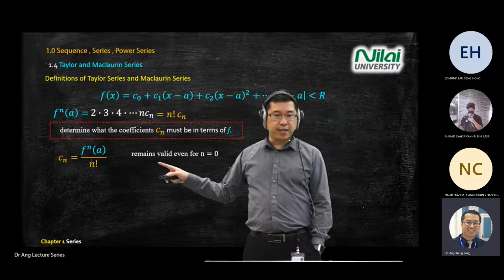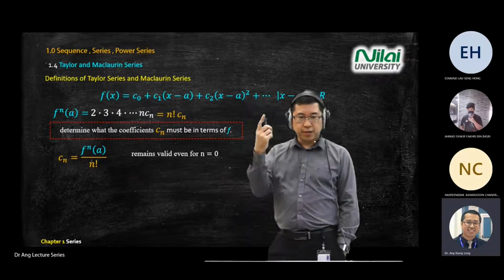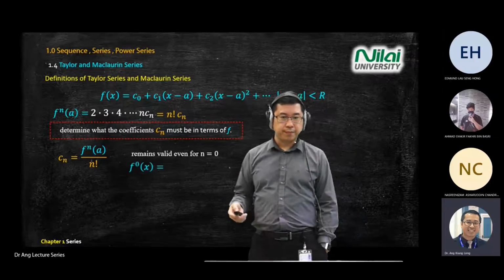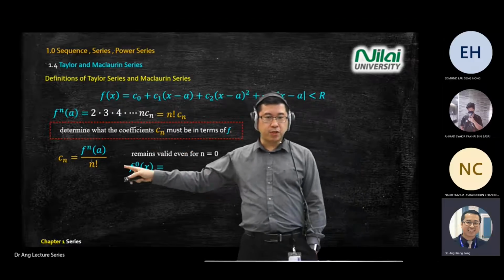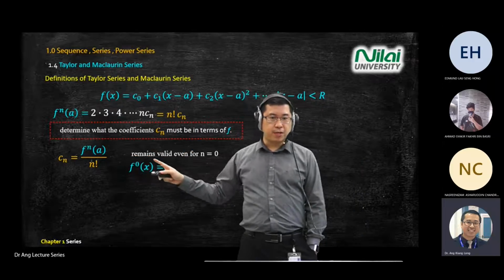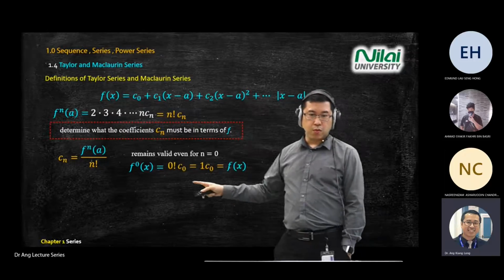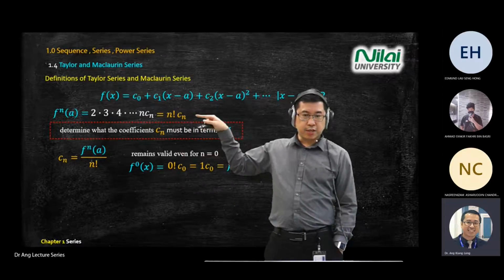This remains valid even when n equals 0, even for the first term. Okay, you can test it. What happens if you replace n with 0? So f power 0 of x equals 1. Okay, so you use this equation.